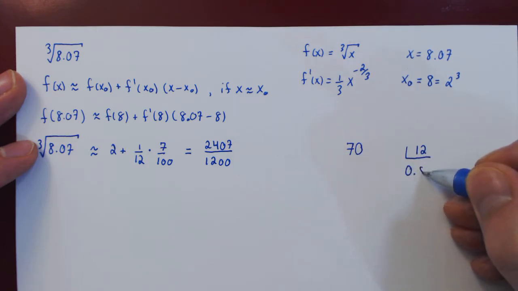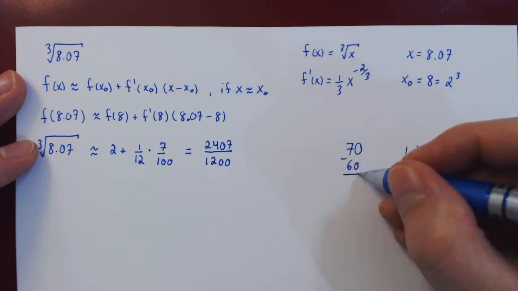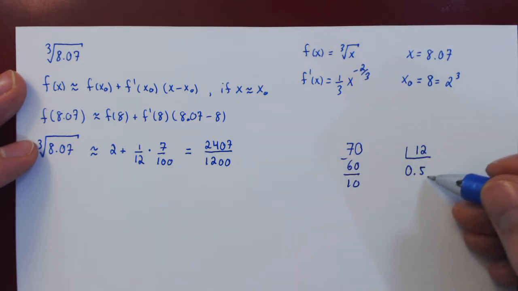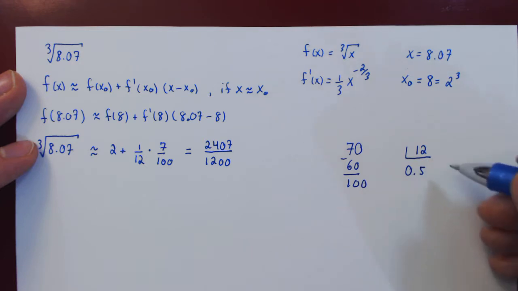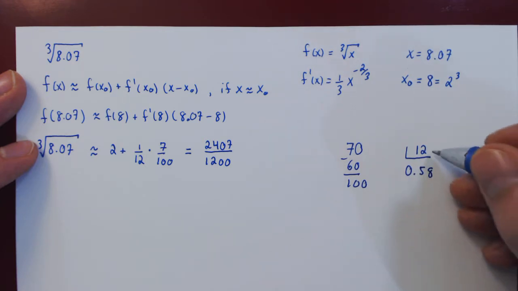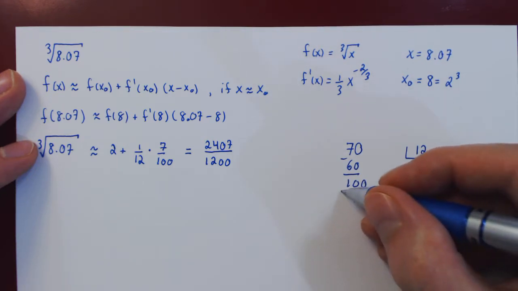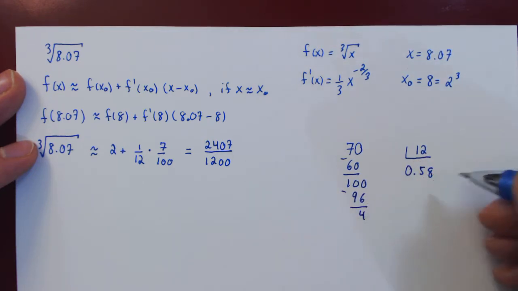So we can only fit 12 into 70 5 times. We subtract, we have 10. Next decimal place times 10, 100. And 8 times 12 is 96. Subtract, we're left with 4. Next decimal place times 10, 40.